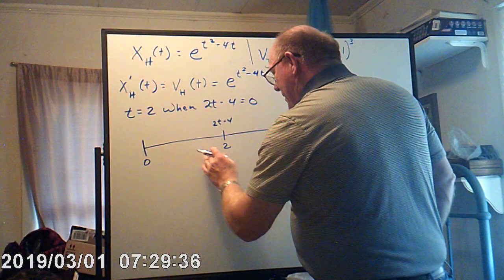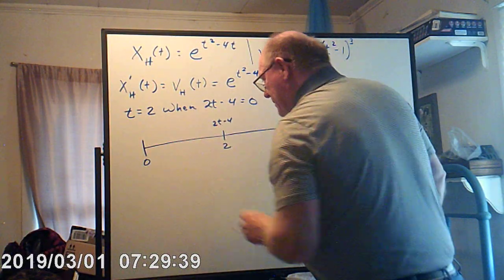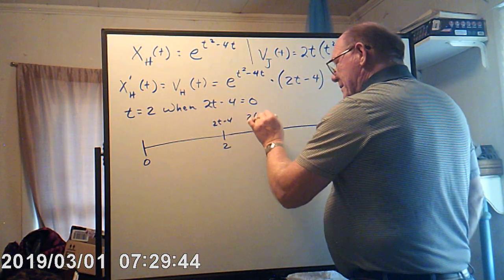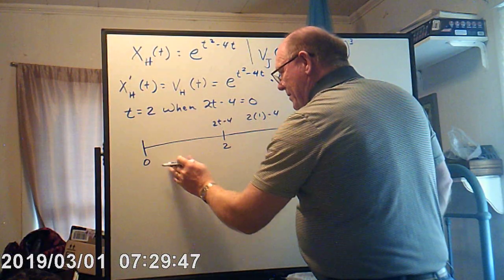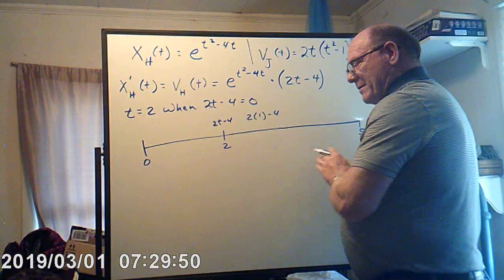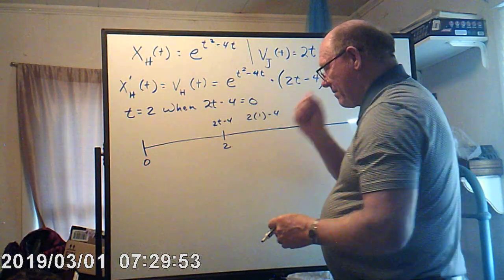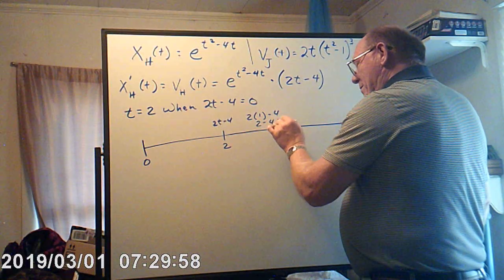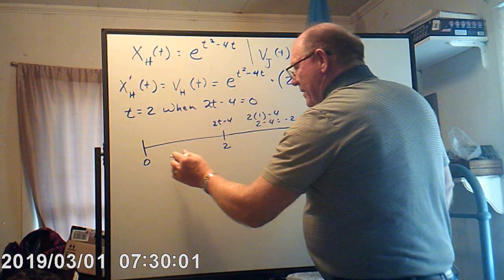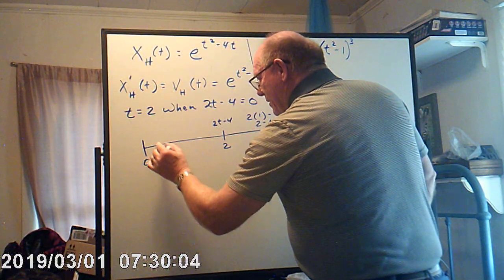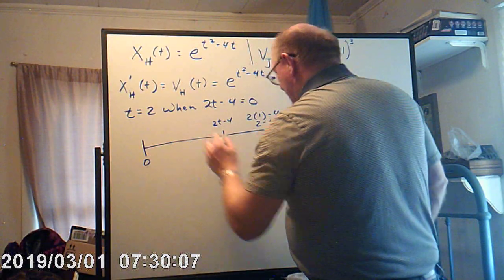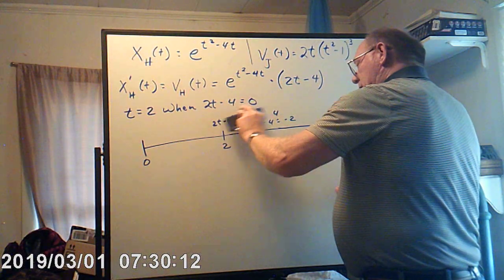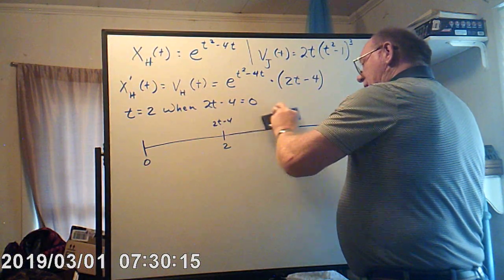If you plug in any number to the left of 2, let's say 1, 2 times 1 minus 4. Always check a number to the left and a number to the right of 2. So 2 times 1 is 2, and 2 minus 4, we don't care about the answer. The answer is negative 2, but the answer is negative. So everything else in between here and here will be negative.